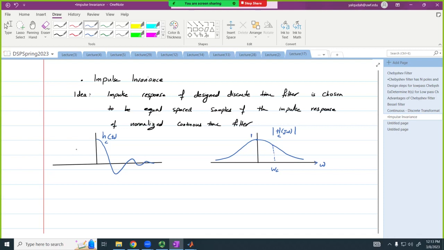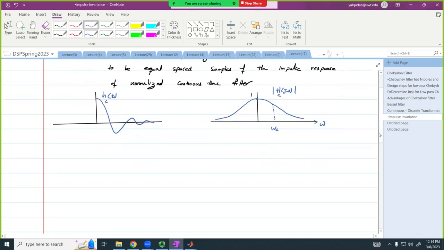Okay, what do I have to do now? I can come to this filter that you tell me you like. You designed the Butterworth, the Chebyshev, whatever filter you want. I'm going to take this filter. I'm going to come here, and I'm going to convert it and make it a discrete time filter. How do I do that? I'm going to take samples of this filter.